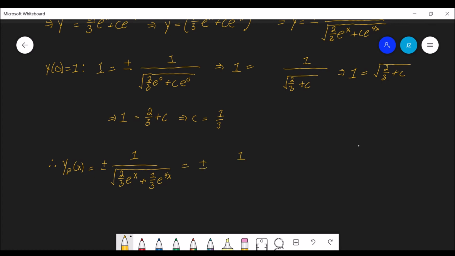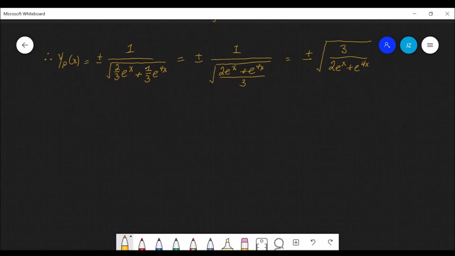So we get plus or minus 1 over the square root of 2e to the x plus e to the 4x all over 3, which is plus or minus the square root of 3 over 2e to the x plus e to the 4x. And so our solution, we would write y of x is equal to plus or minus the square root of 3 over 2e to the x plus e to the 4x.